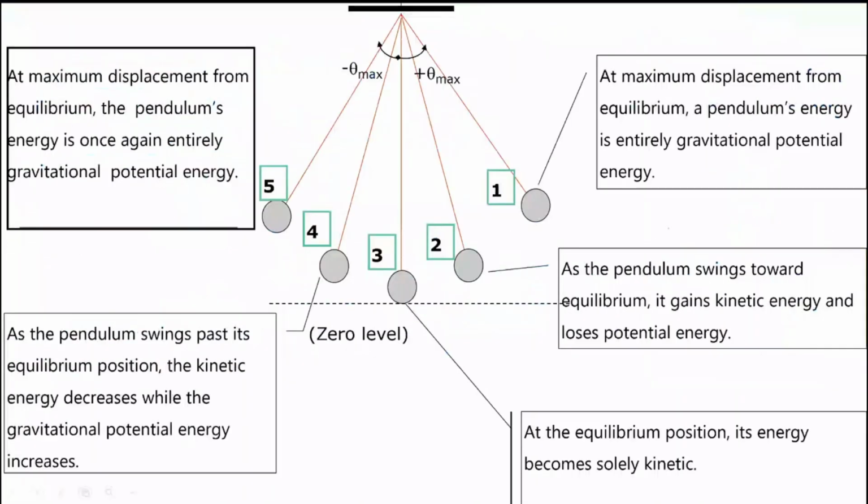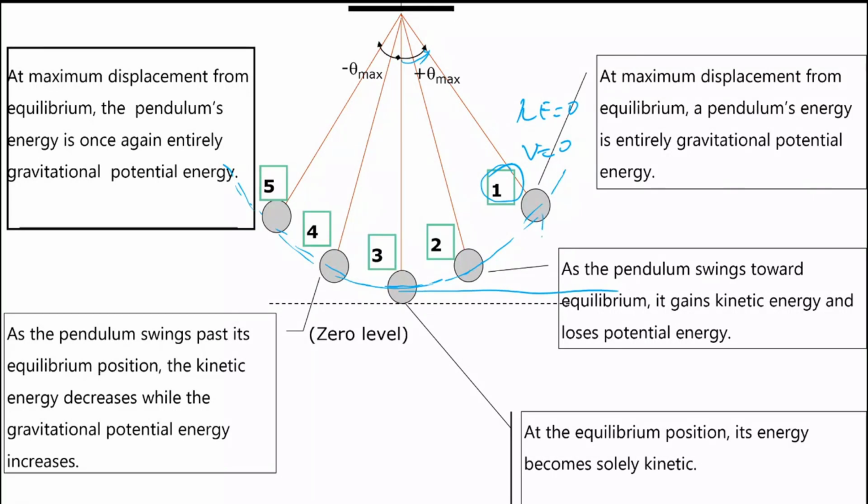I'm going to show them on a diagram. First position: this pendulum bob is swinging like this. I draw it a little bigger to make it visible, because normally this angle is not acceptable for simple harmonic motion. At the first position, which is the maximum displacement from the equilibrium position, because the pendulum's bob is at rest, its kinetic energy is 0.